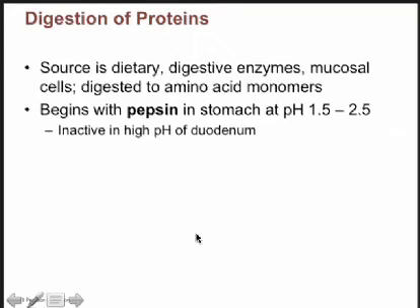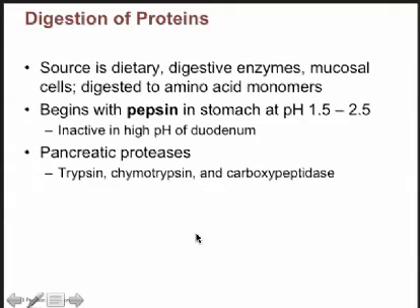And the reason for that is that we don't want the pepsin to be active prematurely because it would digest the cell that creates it. So this is a way of delaying the activity until the food actually arrives. So we want the enzyme to be active where and when we designate. It becomes inactive when it enters the duodenum because of the introduction there of bicarbonate from the pancreas.